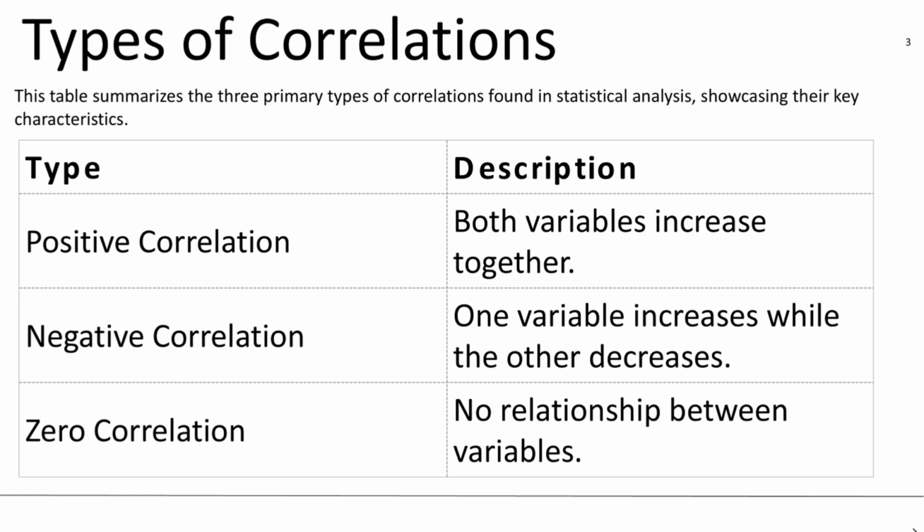So, for example, the older your car, the more you'll spend on repairs. And the final type is not really a correlation at all. It's when we find no relationship or no variables that correlate. So, for example, there's obviously no relationship between the size of your TV and how much television you actually watch.